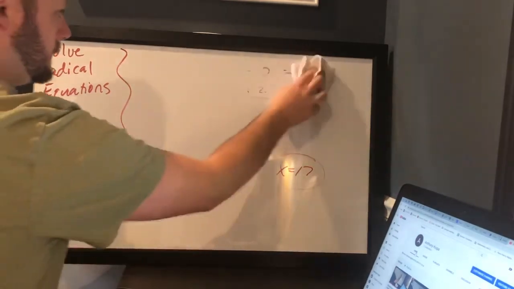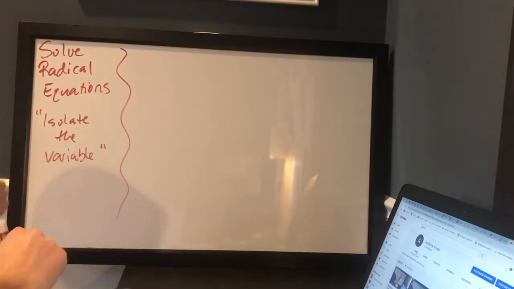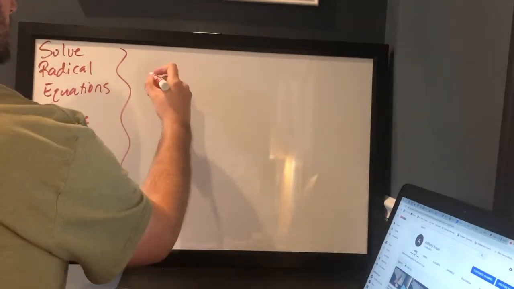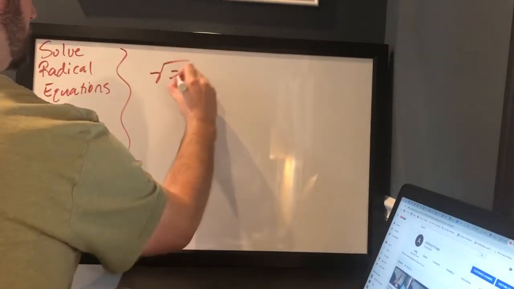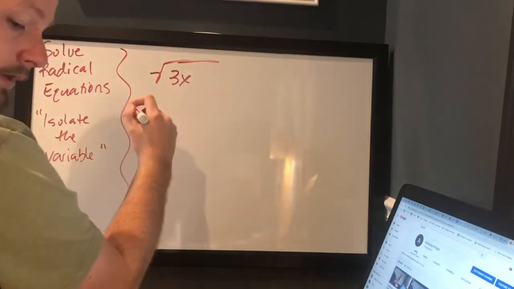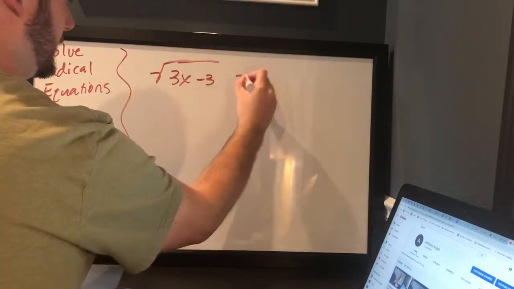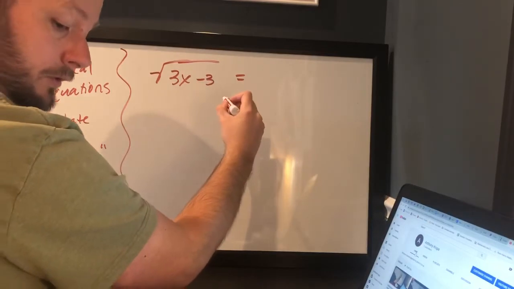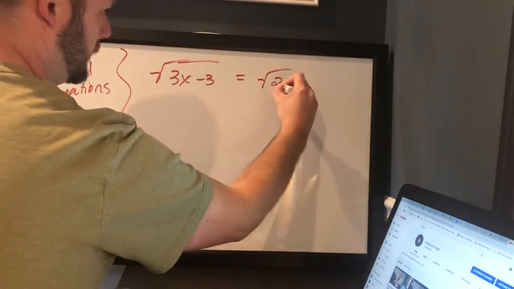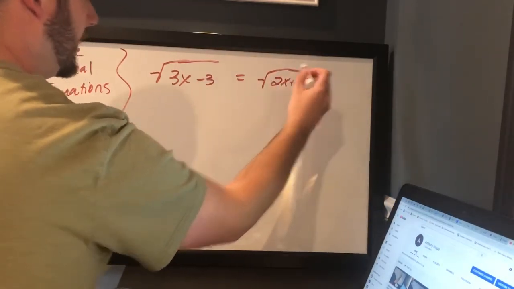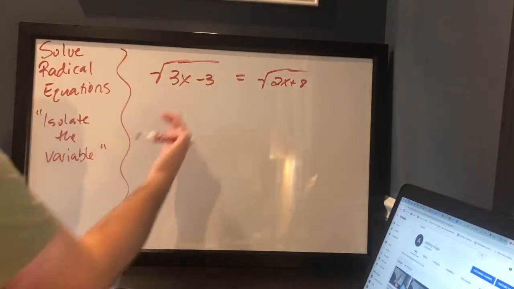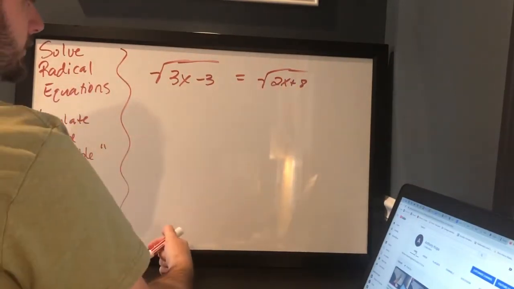Let's look at what we do if we have radicals on both sides. What if you're given the square root of 3x minus 3 is equal to the square root of 2x plus 8. Remember guys, we're looking for the one value of x that makes the left side and the right side equal to each other.